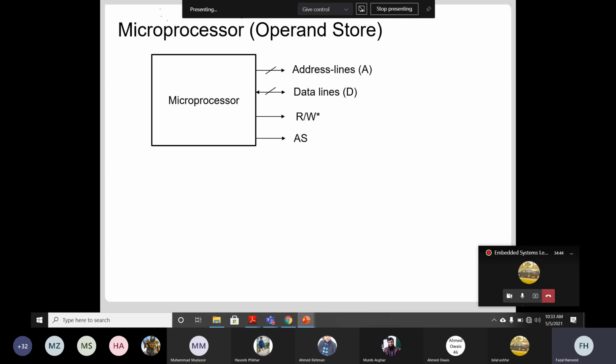So we have studied the instruction fetch stage. Instruction fetch is a memory read operation. Then we have the instruction decode phase, which does not require any memory operation; address strobe will be 0. Then we have the operand fetch phase, which also depends on the instruction. If the operand is a register, do you need a memory operation?